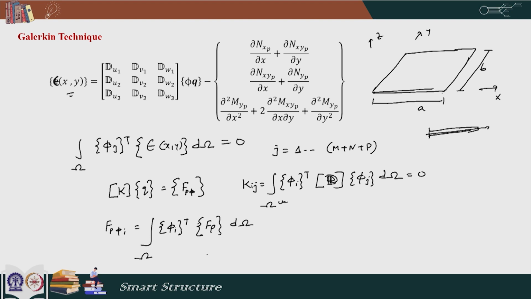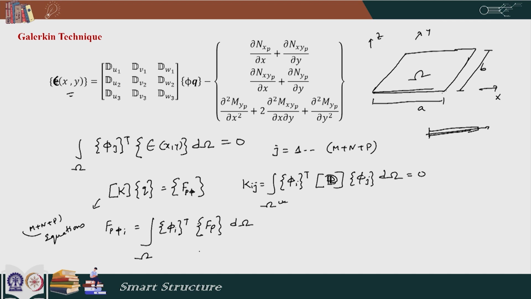So, this gives rise to total m plus n plus p equations, and by solving these m plus n plus p equations, we can get those m plus n plus p number of q's which are the unknowns in the problem.